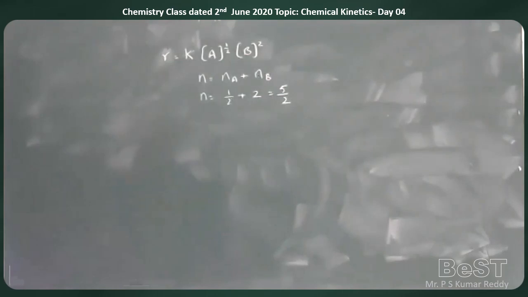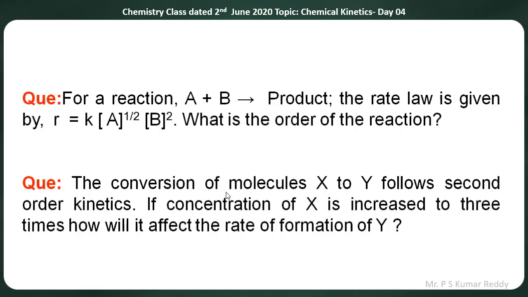In the same way, please note down the next problem. The conversion of molecules of X to Y follows second order kinetics. That means X gives rise to Y, and it is a second order reaction, that means n is equal to 2.